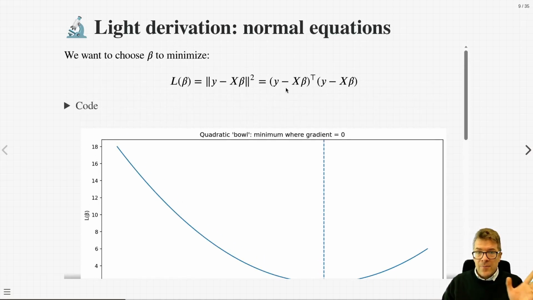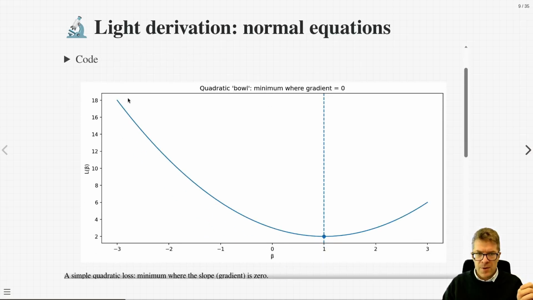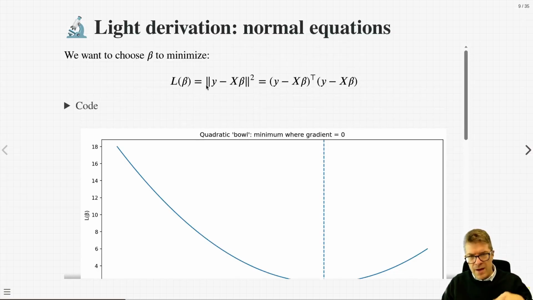Now, you may not remember this, but when you have a squared function, these kinds of functions are called quadratics. And quadratics have this interesting property that they follow this bowl shape, where if you change beta, then the value you're predicting, this square, is concave upwards like this.